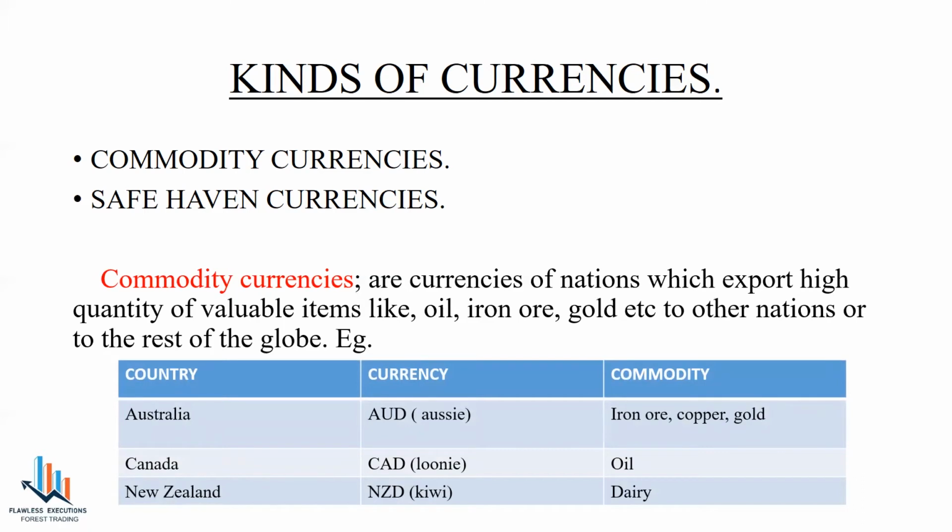They export iron ore, copper, and gold to the other parts of the world in huge quantities. Canada exports oil. Then New Zealand exports dairy. Dairies are products of farm animals, raw products like milk, and finished products like cheese and yogurt and the rest. So they also export them in high quantities. So these are the commodity currencies we have, the AUD, CAD, and the NZD.